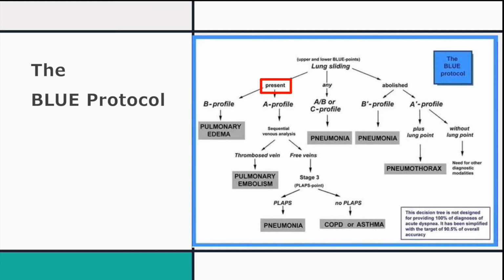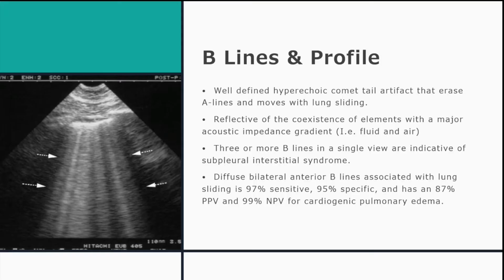So once we've assessed that it's present, which we did in the last slide, we can go through these A and B profiles, which are the next steps in our algorithm. So the first one is the B profile. And to understand the B profile, you have to understand B lines.